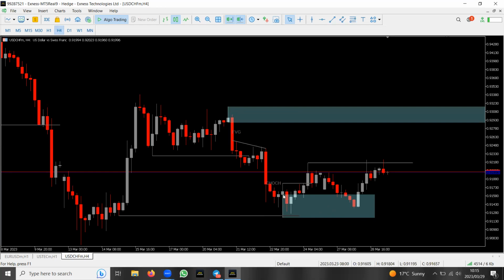So here, let's mark the order block. I would mark this green candle because, according to the basics, most people normally take an order block as the last bearish candle.